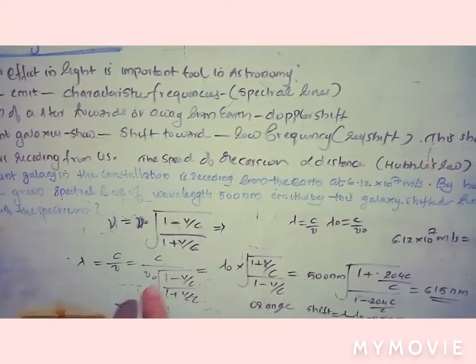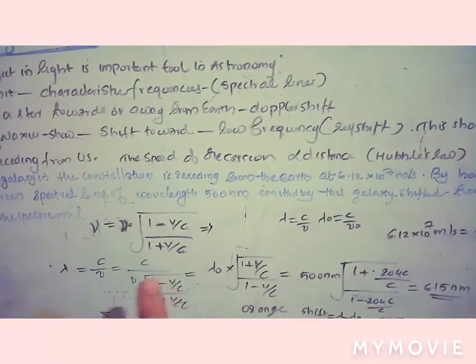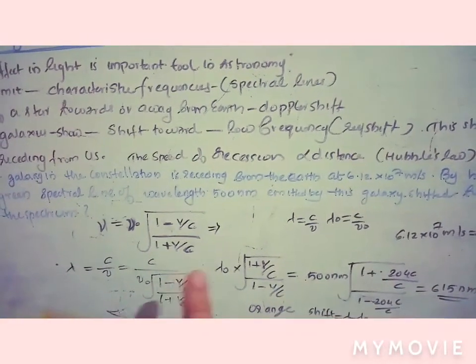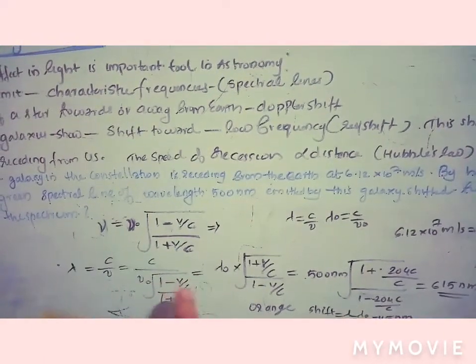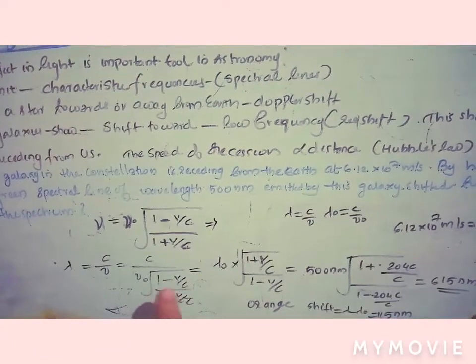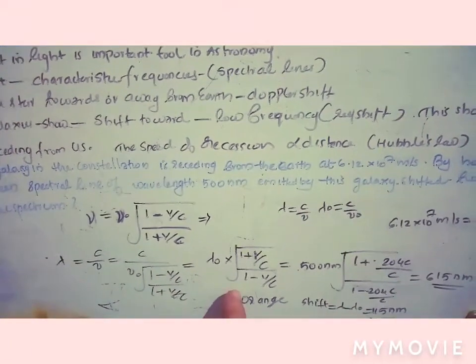Here, receding means there is a sign change, so the equation is like that. And we know that lambda is equal to c by nu. We have to find the wavelength shift. So c by nu 0 under root 1 minus v by c divided by 1 plus v by c.